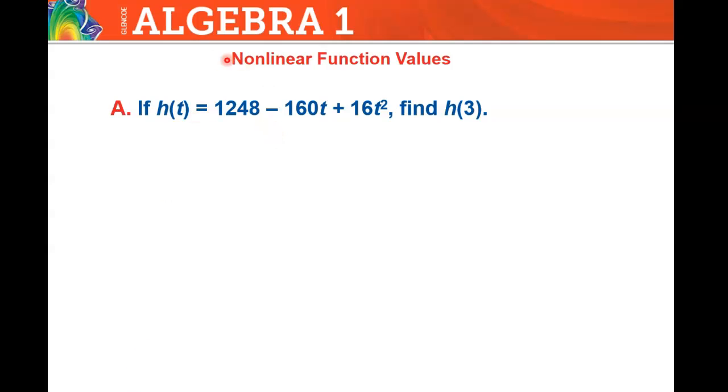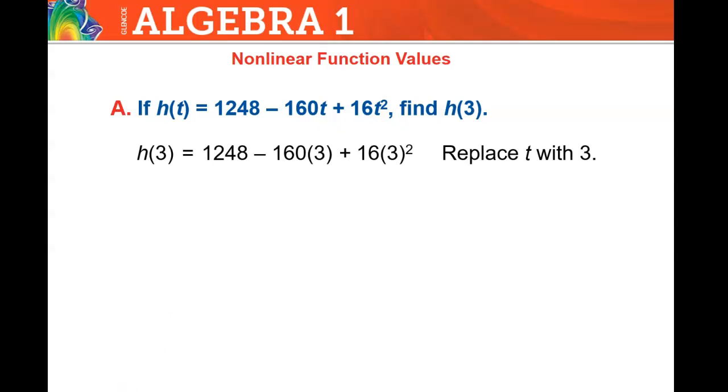So the rule doesn't change just because something's nonlinear. This is a quadratic, but we're going to apply the same rules. You're going to take that 3 and you're going to plug it in everywhere there is a t. You're going to use your calculator. You're going to multiply the squared, then multiply by 16. Then you're going to multiply 160 and 3. So you get 1,248 minus 480 plus 144.